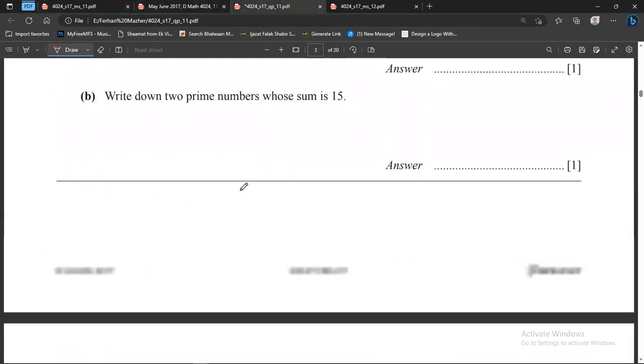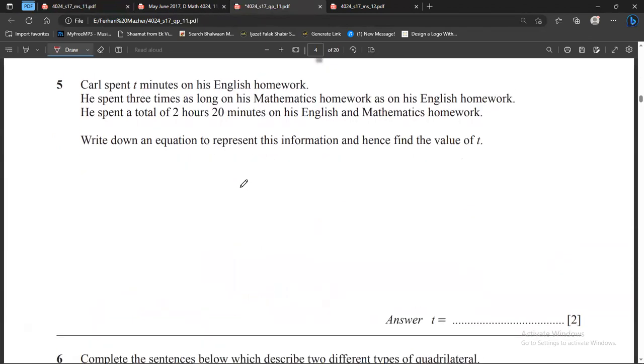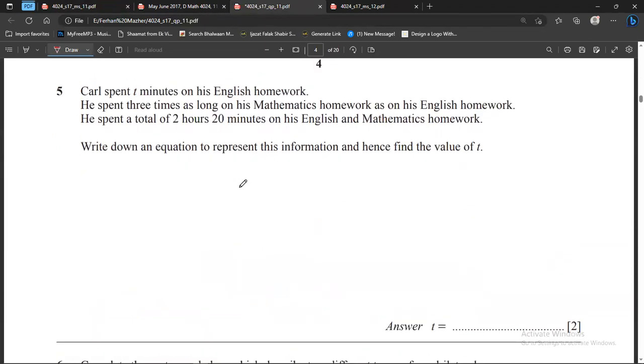So let's go to the next question. The next question is question number 5. He says, Carl spent 3 minutes on his English homework. He spent 3 times as long on his mathematics homework as on his English homework.